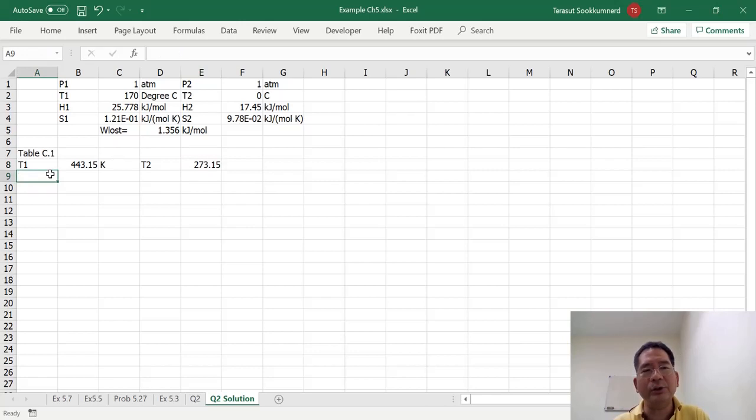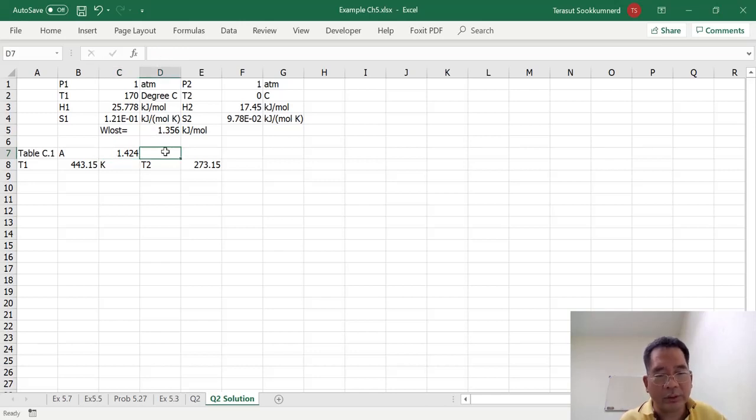And according to table C1, A is equal to 1.424.